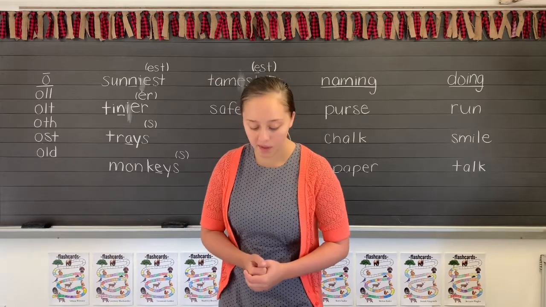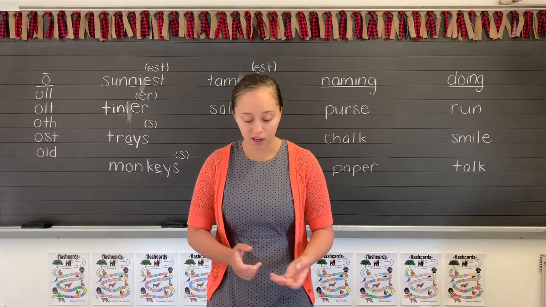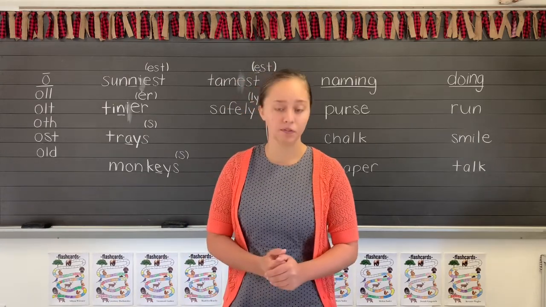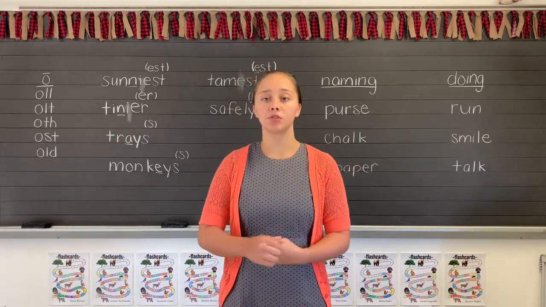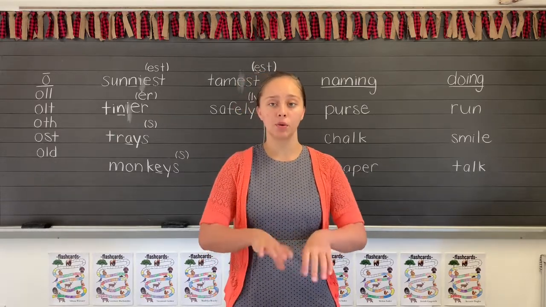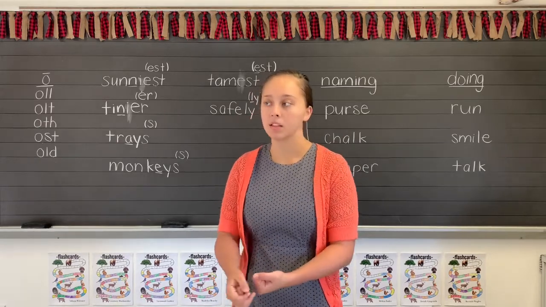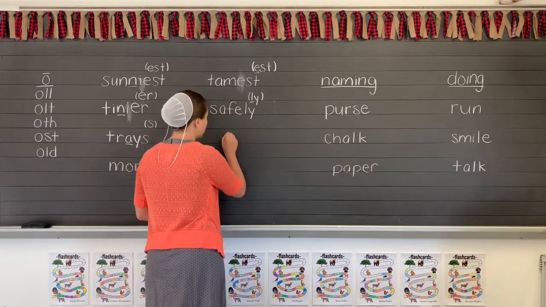Part 6, underline the compound words, divide the compound words. Okay, so underline the compound words and then divide the compound words. First of all, you're going to go through there and you find all the compound words and then draw a line through the word to show the 2 separate words. So let's think of the word chalkboard.